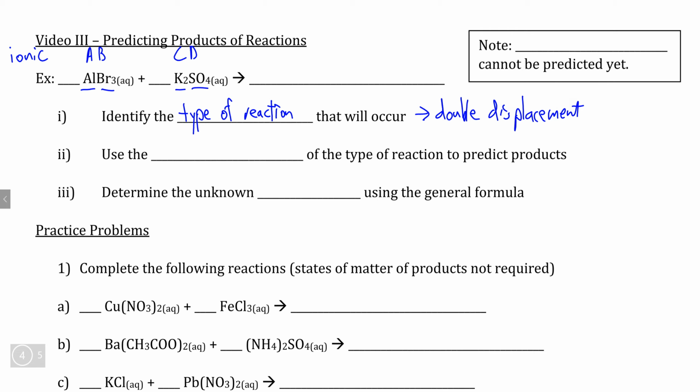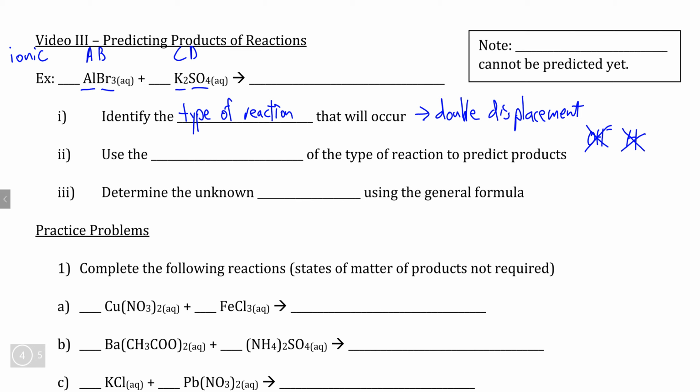It's not going to be a single displacement reaction, because that's an element reacting with one ionic compound, and we know it can't be a combustion reaction because there's no carbon compound and no oxygen by itself, and we know it's also not going to be a neutralization reaction because we don't have any OH-, which means we don't have any base, and we don't have any compound that begins with hydrogen, so we have no acid.